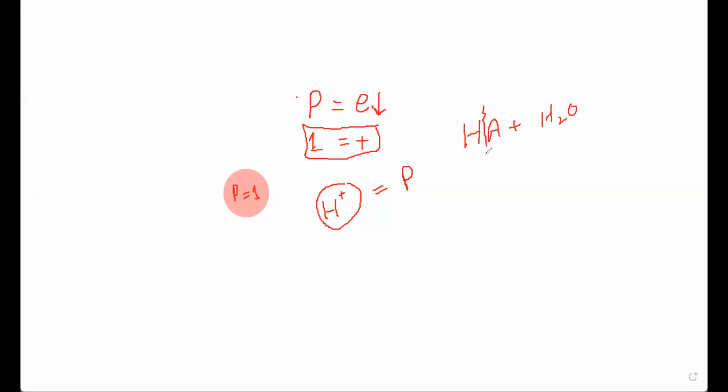When you dissolve this acid in water, this H positive ion moves towards the water and it looks like H3O positive. Because the number of hydrogens increases, it gains a positive charge and this A separates out. So this is an acid and this is a base that is going to accept it.